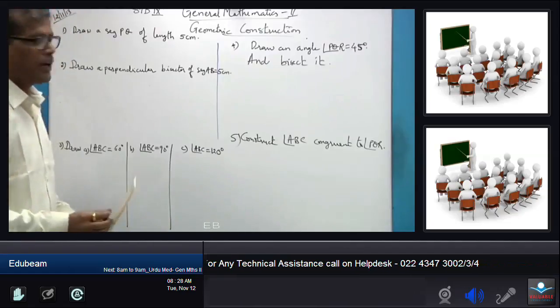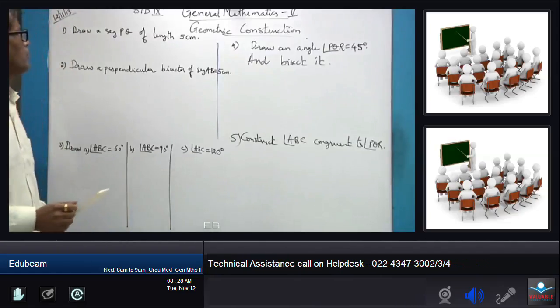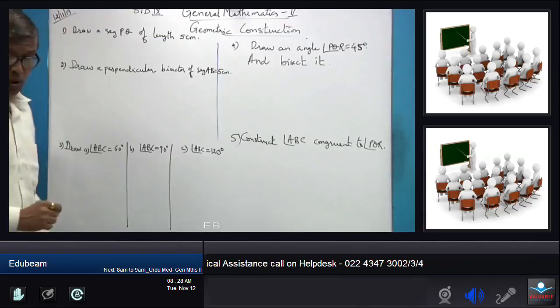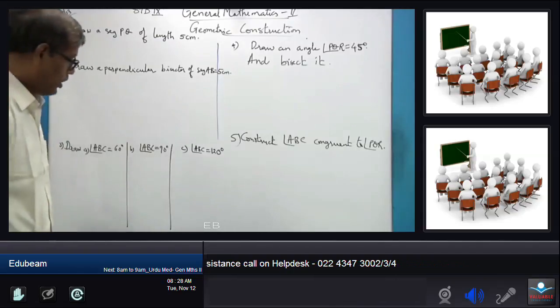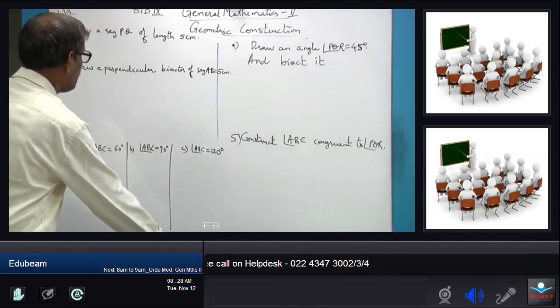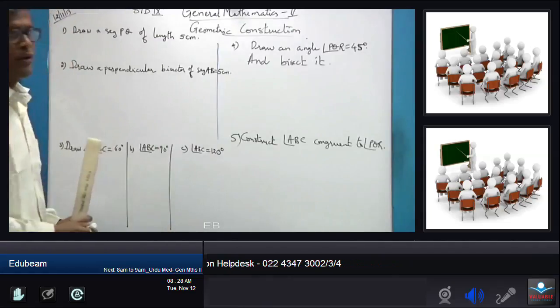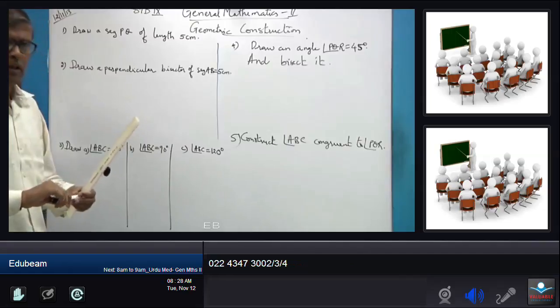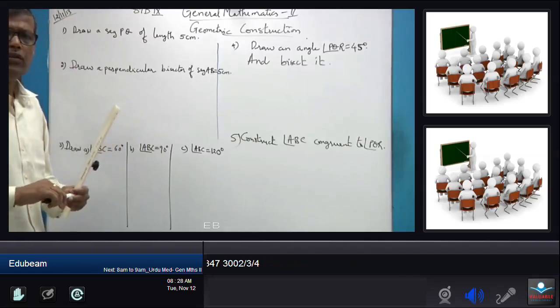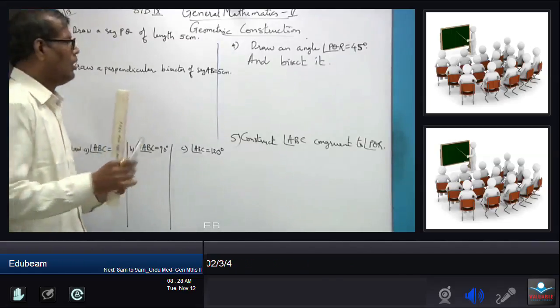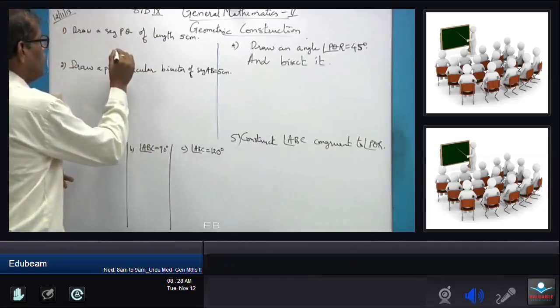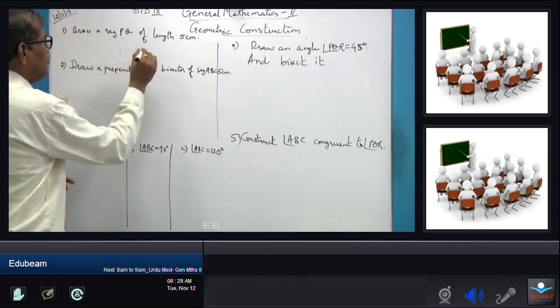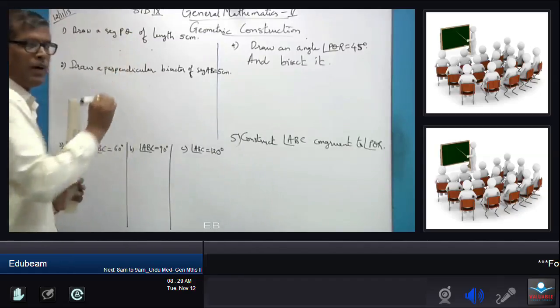You take P once again, measure it as 5 centimeters, join it, and you get PQ.